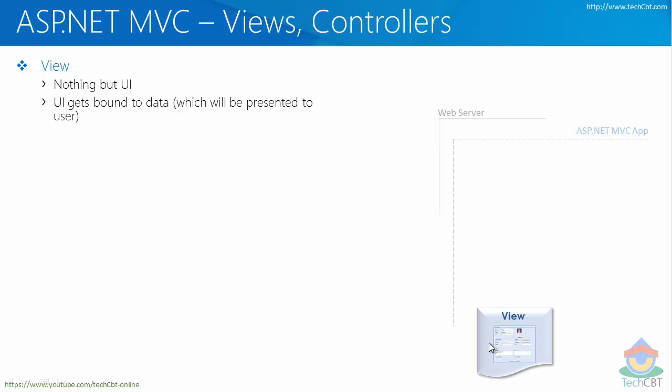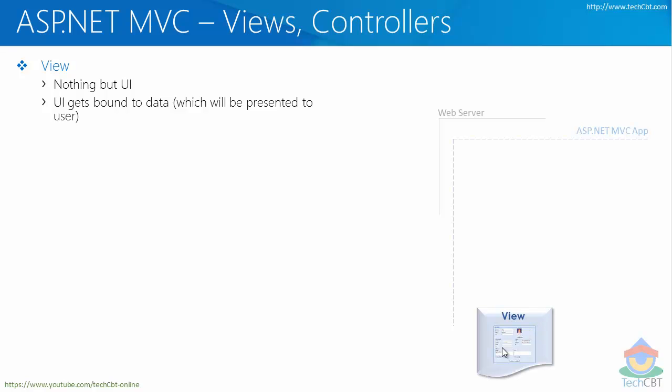And those particular UI elements are supposed to be bound to data. Like if I have a text box like first name, it has to be bound to some kind of property like first name, which could be filled from a database. For example, I have a grid which might display all the addresses of a particular customer, and I would like to fetch all the addresses from the database.